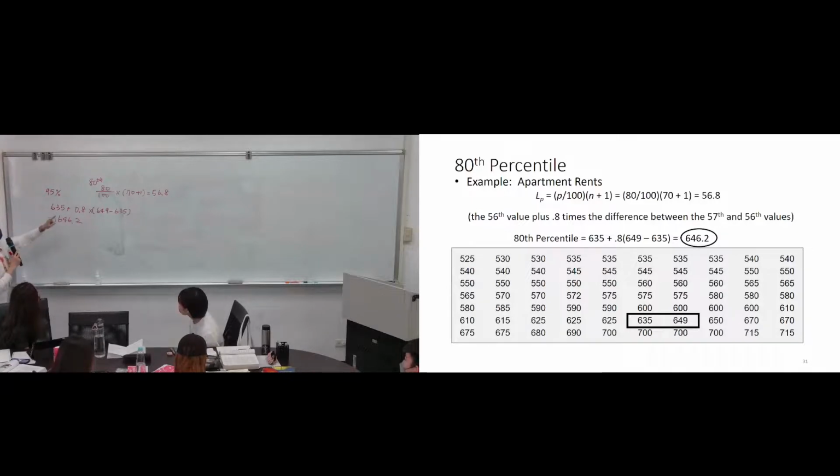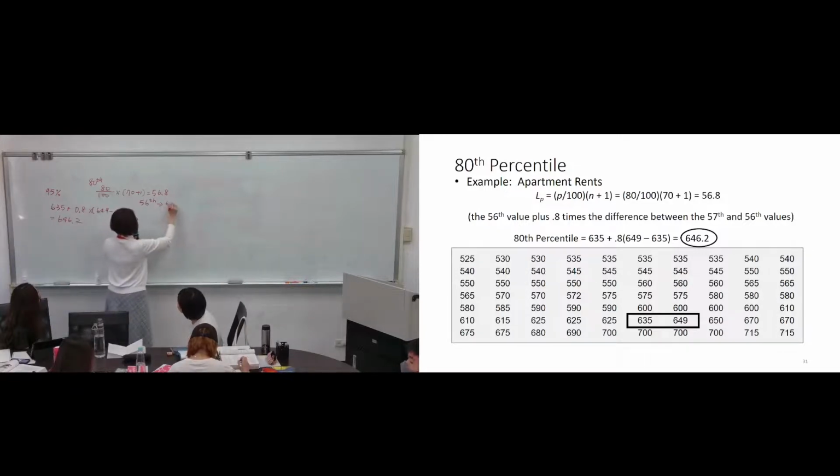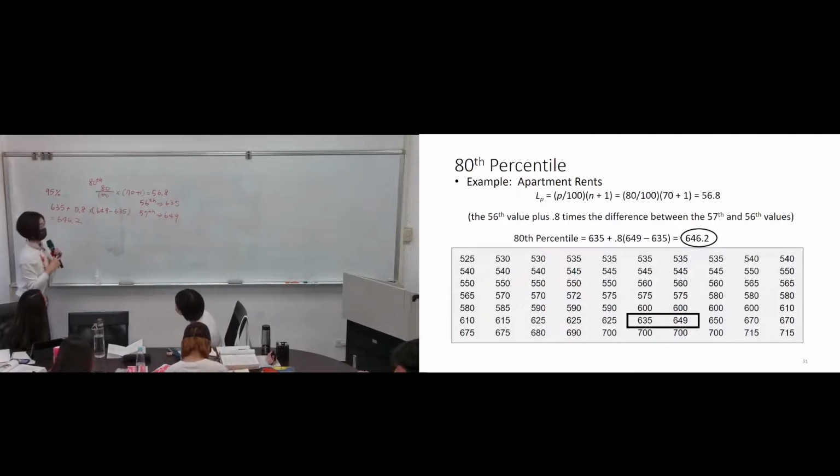So to find that, we first find the 56th value, which is 635, and then the 57th value, $649. It should be a value very close to 649, but it is not 649.